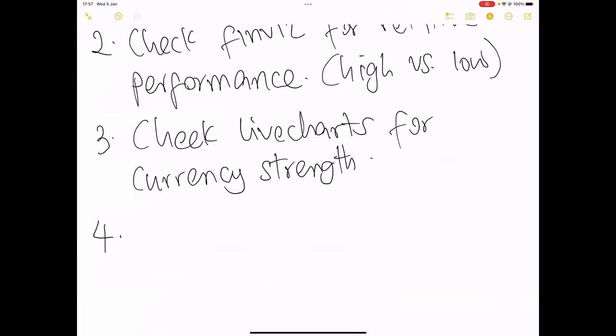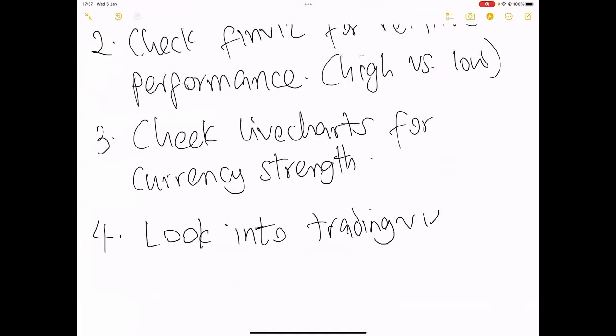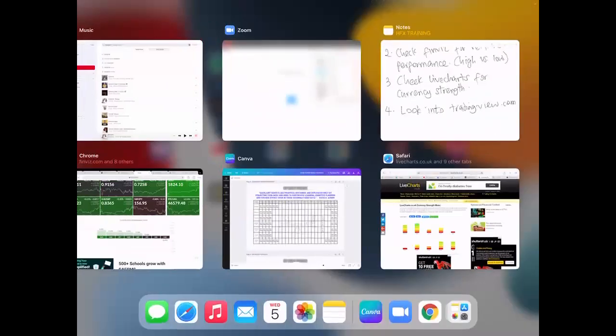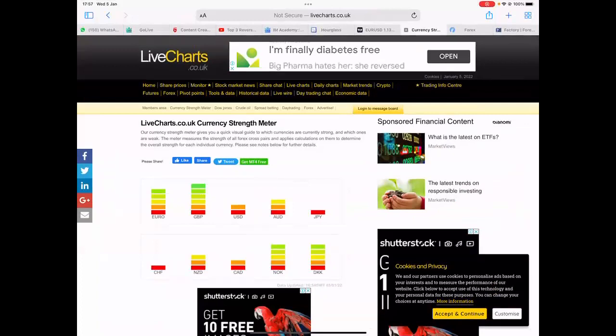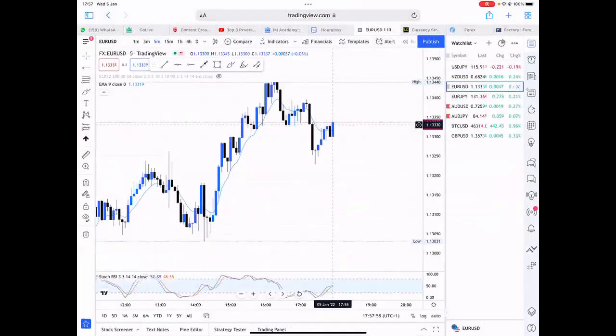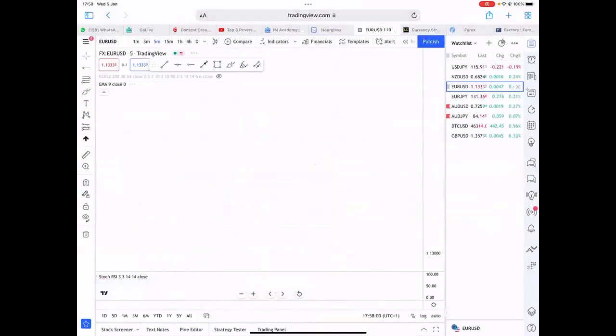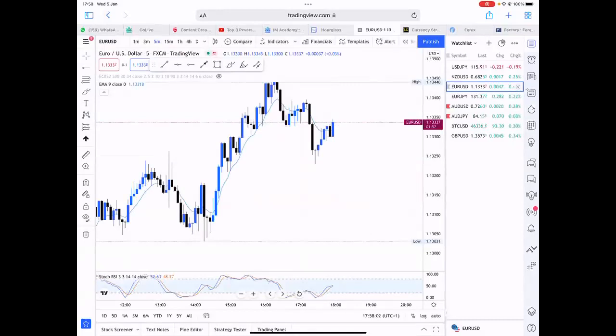Number 4, look into tradingview.com. Tradingview.com helps you analyze the market.